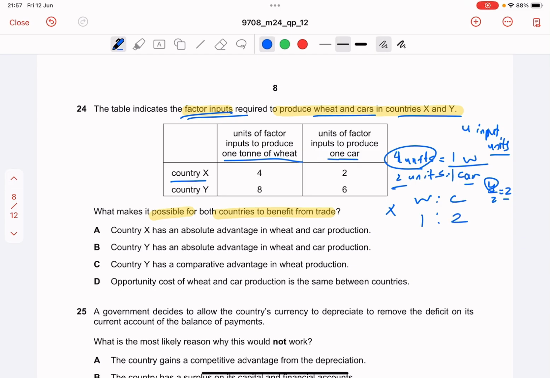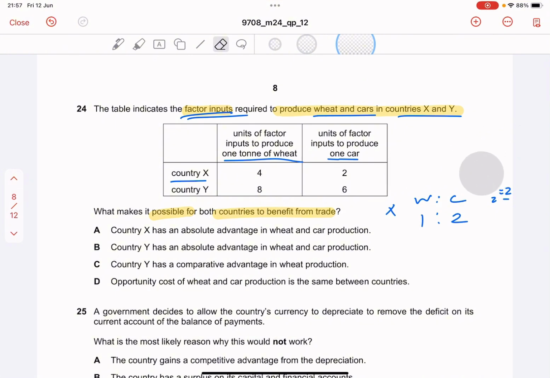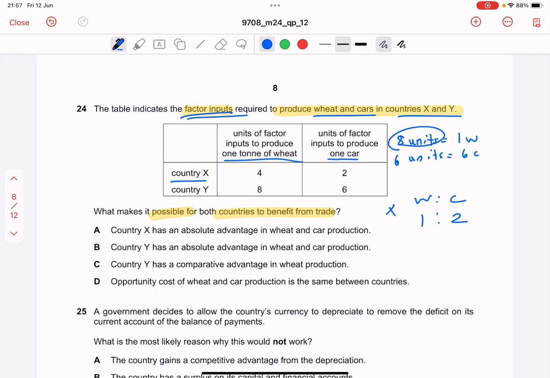All right, do the same thing for country Y. So for country Y, you need 8 factor input units to produce 1 wheat and 6 factor input units to produce 1 car. Since 8 units is larger, assume that we input 8 units.